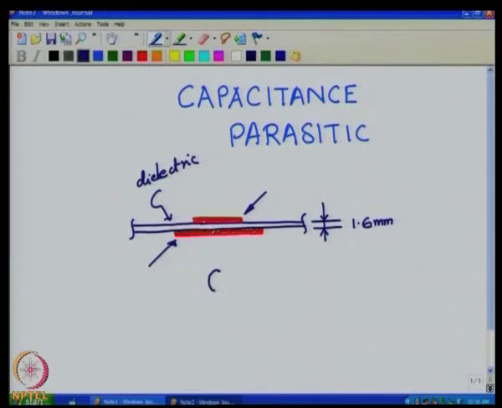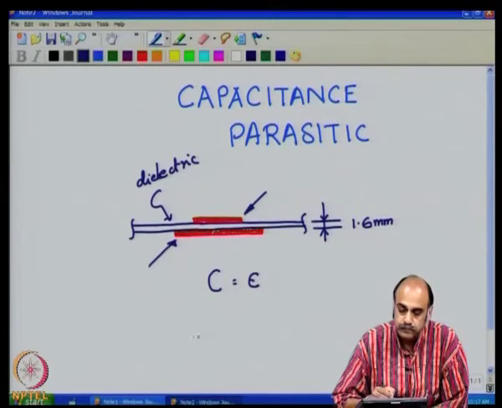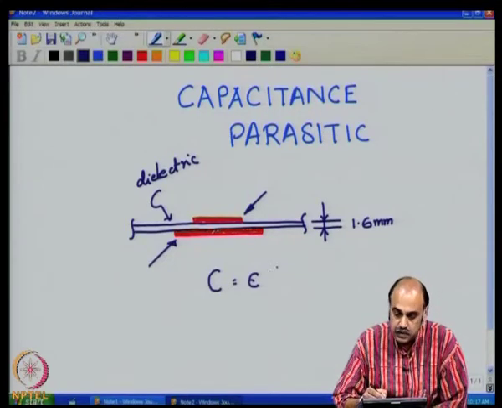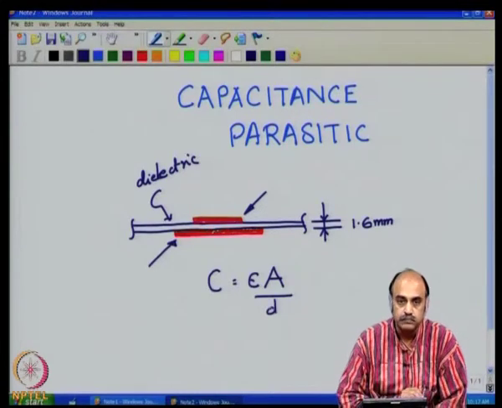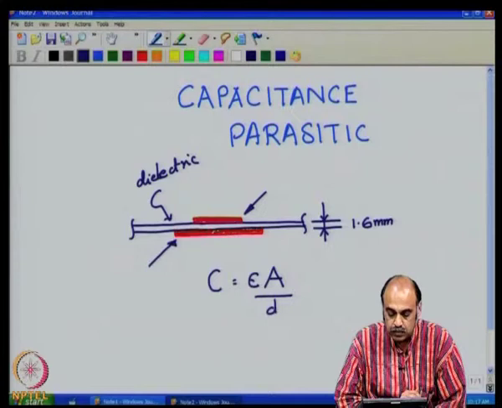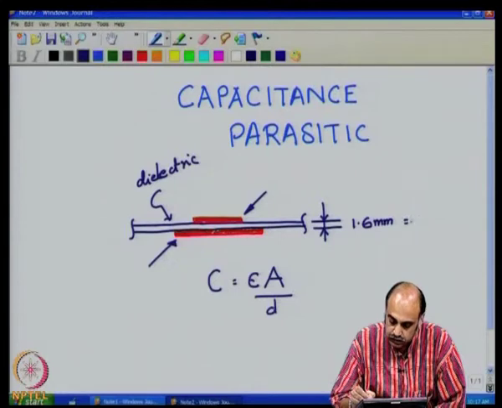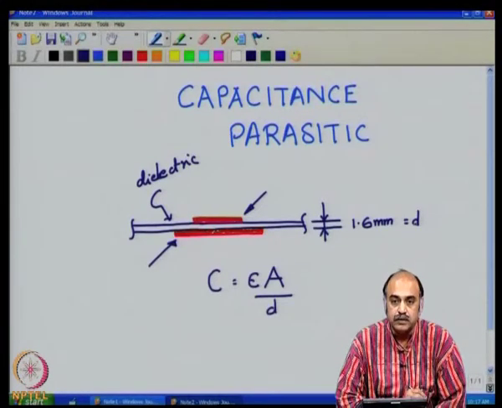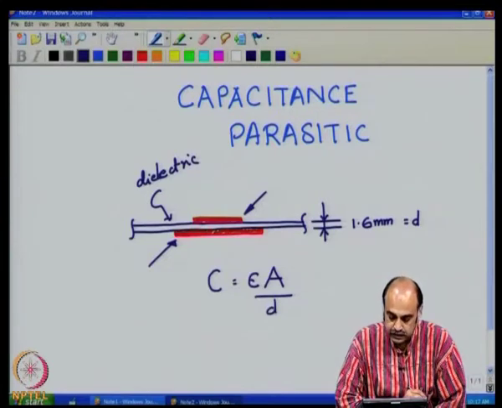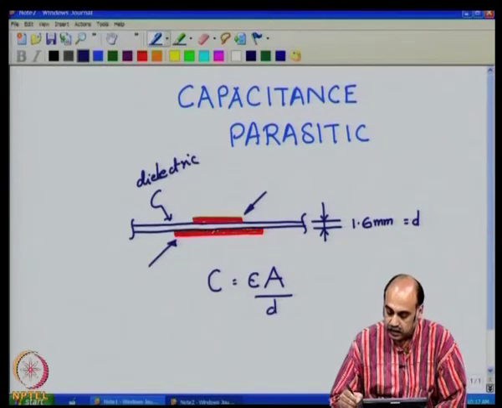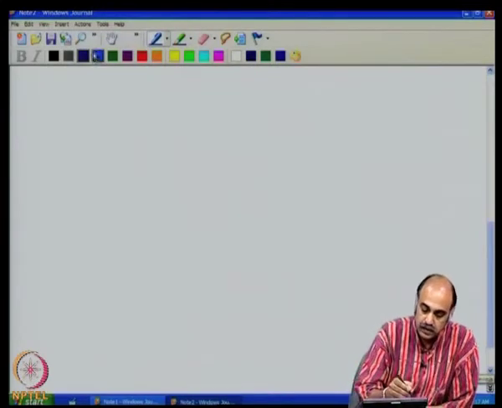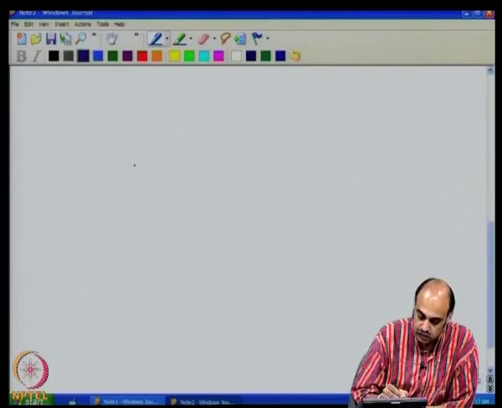We can estimate the capacitance C, because they now act as two parallel plate capacitances: C equals epsilon, the dielectric constant, A by D, where A is the overlapping area and D is the distance, which in most cases is 1.6 mm. So, this is one way of having capacitance in the printed wiring boards.